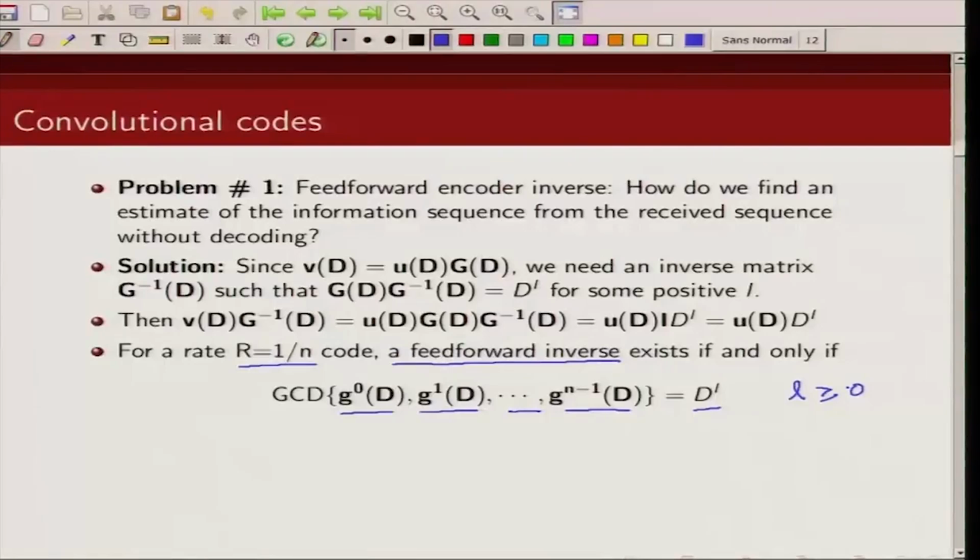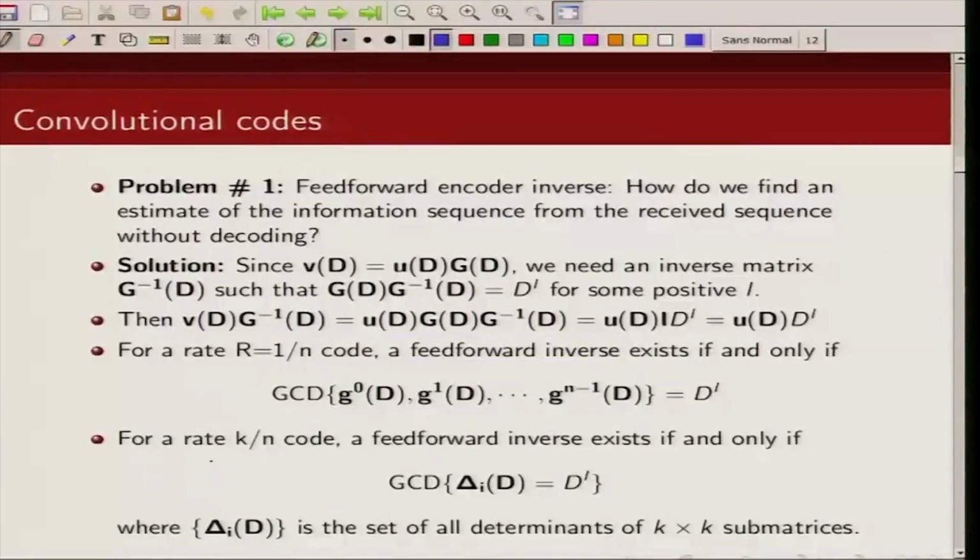So, we do not want these generator sequences to have any term common between them. If they have any term common, then a feed forward inverse would not exist; there will be a feedback inverse.